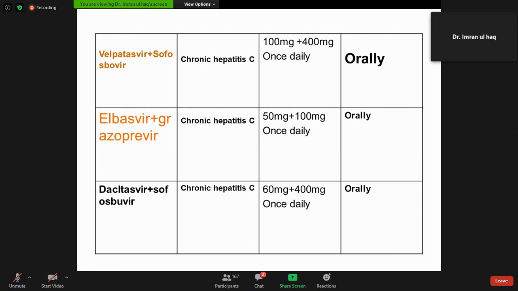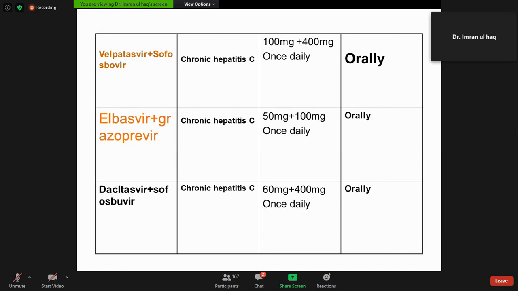So what is the important point that at least you must remember at this level? These drugs, daclatasvir, elbasvir, right, ledipasvir, ombitasvir, velpatasvir, are inhibitors of NS5A proteins, and these proteins play a vital role in viral replication and assembly. When we inhibit these proteins, we can inhibit the replication and assembly of hepatitis C virus, right?